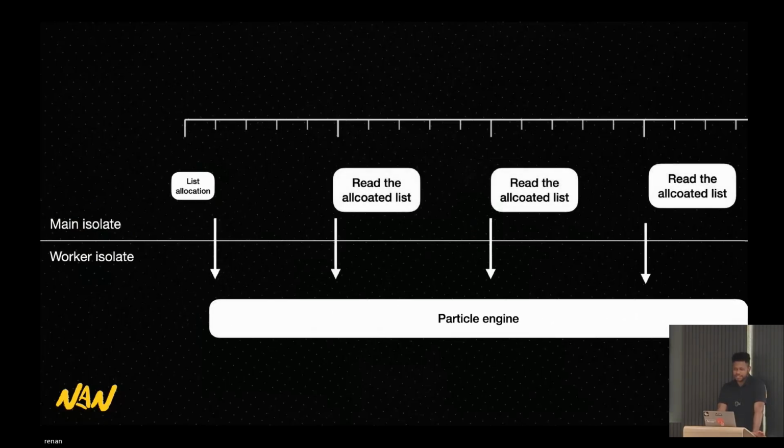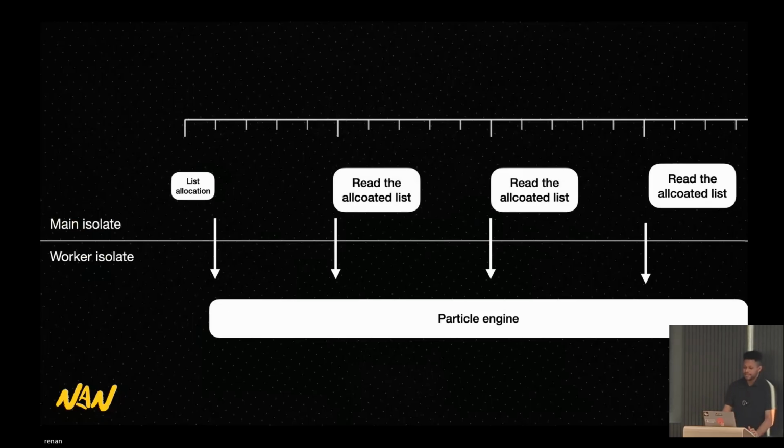So it looks more like this. The particle engine doesn't even need to return the values anymore. They just need to update the values in the list, and the main thread will be able to keep rendering the particles, even if one cycle takes longer than a frame, which in my experience takes a lot of particles to happen.